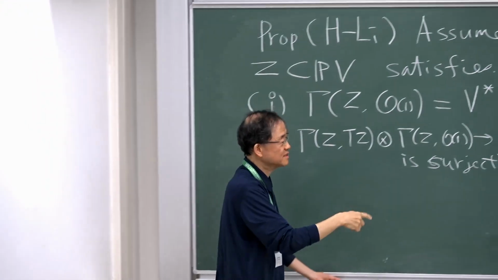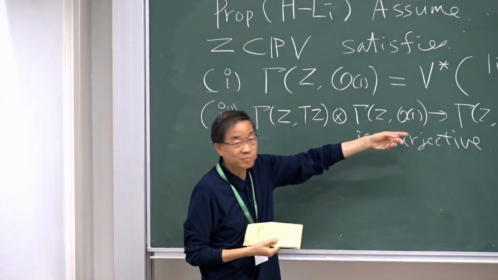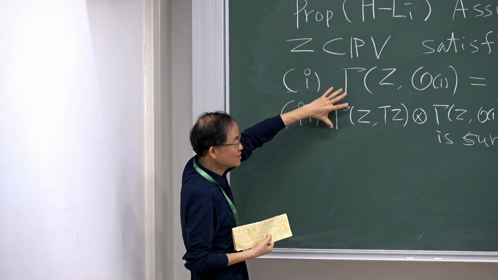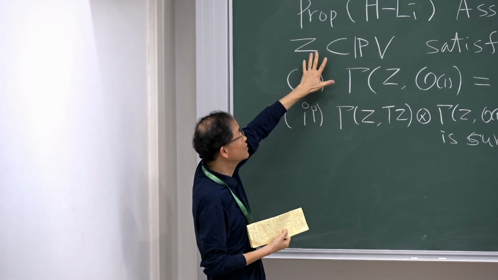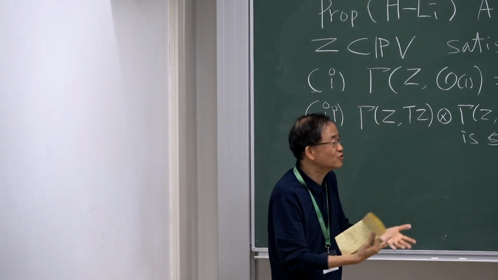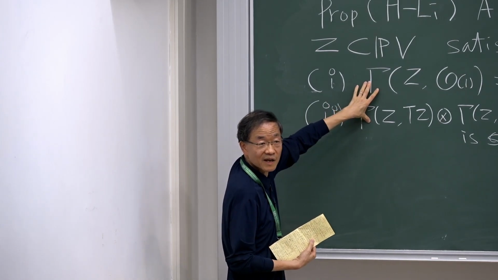And this condition is a special case of what's called projectively normal in algebraic geometry. But anyway, let's assume these two conditions for the projective variety. Many, almost all naturally arising projective varieties satisfy this property.